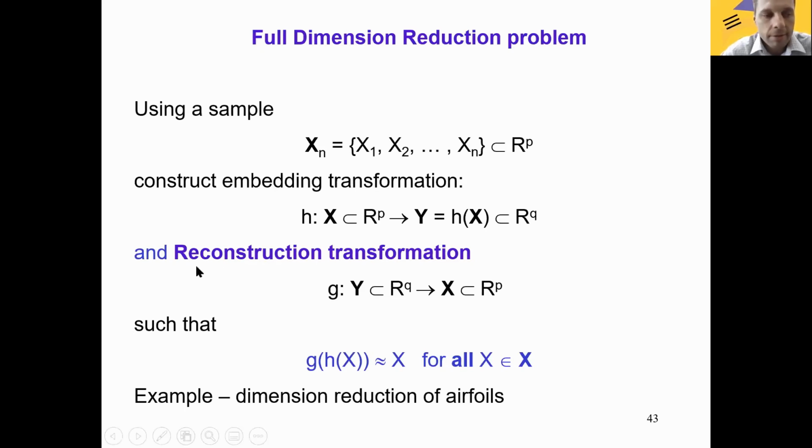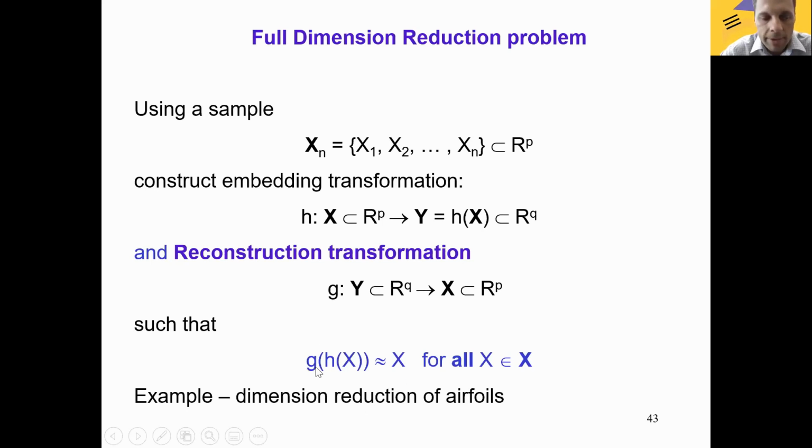And also we would like to construct a reconstruction transformation G, which for any y can recover the vector x in the initial p-dimensional space, such that the combination of the compression and reconstruction transformations is close to the initial vector x for any x from the considered data sets and from the considered data generation process.